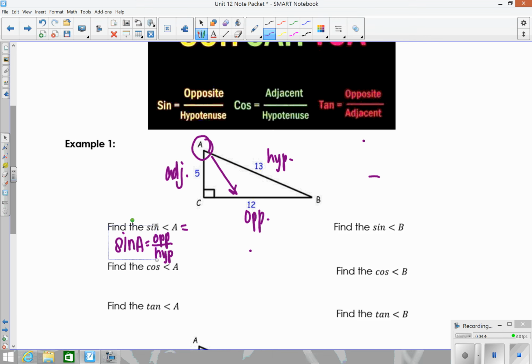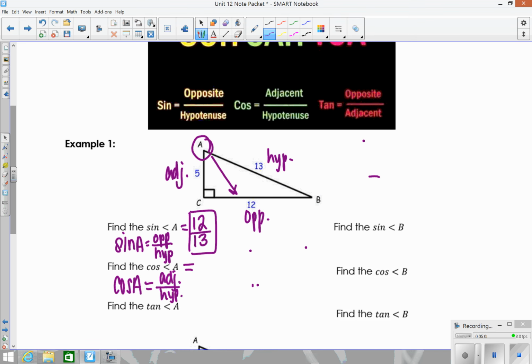Opposite is 12 over hypotenuse is 13. So 12 over 13 is what equals sine of this angle. If I'm looking at cosine of angle A, cosine is adjacent over hypotenuse.